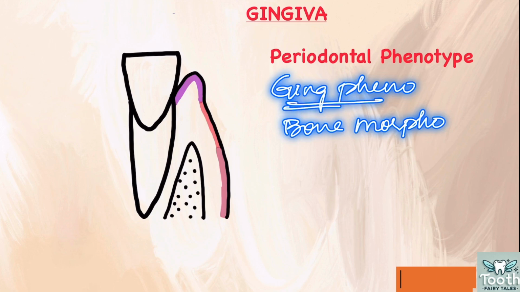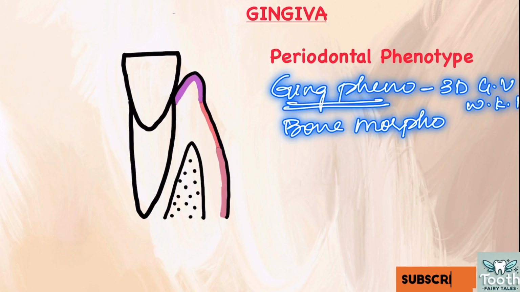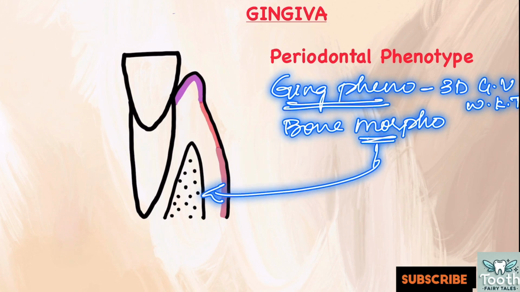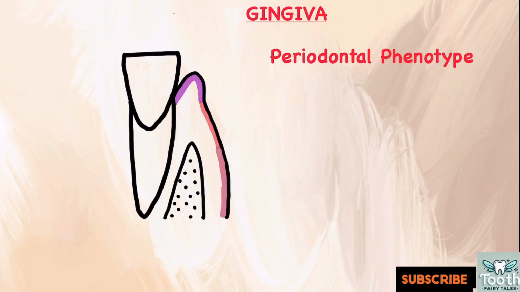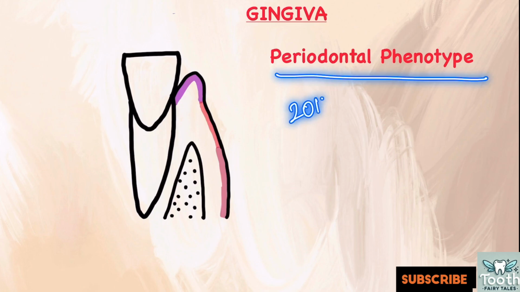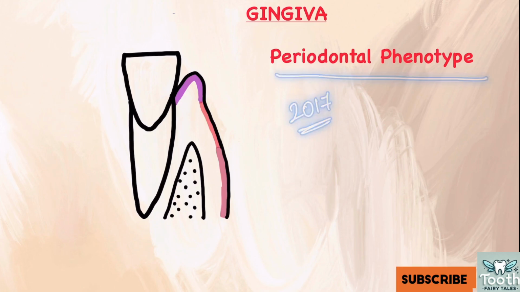Gingival phenotype refers to the three-dimensional gingival volume and the width of keratinized tissue. Bone morphotype refers to the underlying bone structure. Periodontal phenotype is a term introduced in the 2017 classification system.